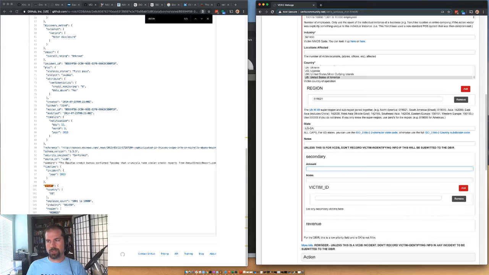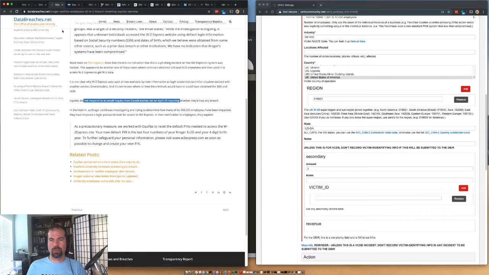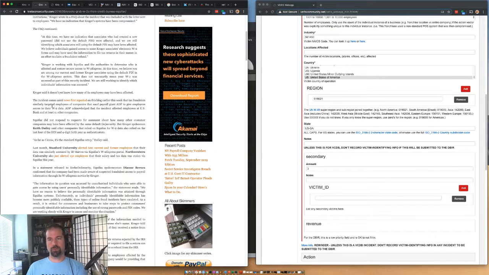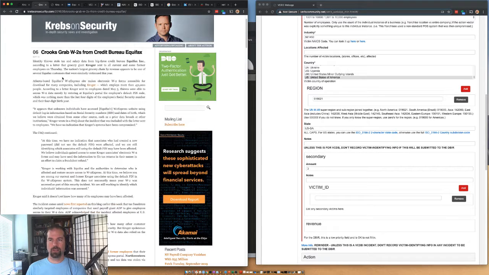And then secondary victims, we know of at least 3. I don't know if it says anywhere how many there were. It says that Northwestern University, Stanford University, in reality is probably a ton of organizations which never even realize it, right? Because the attackers just had a bunch of personal information, just fed it into this portal, hoping to get hits. And anytime they had it, they probably got it.